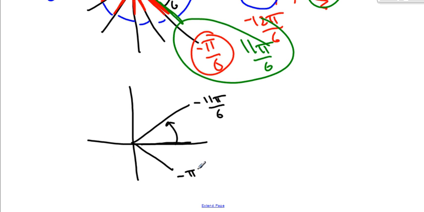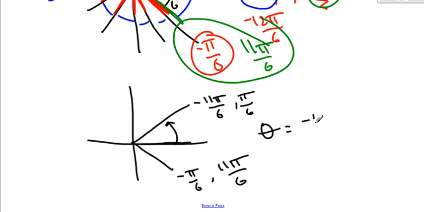This was negative pi over 6, and we knew that because it's just 1 backwards. And then 0. And then pi over 6, that was an answer. And then 1 pi over 6, 2, 3, 4, 5, 6, 7, 8, 9, 10, 11 pi over 6. And those are the 4 answers that we have to give.